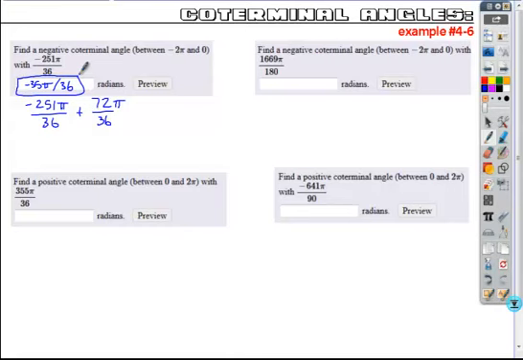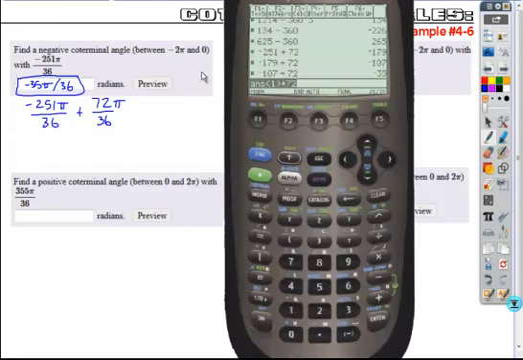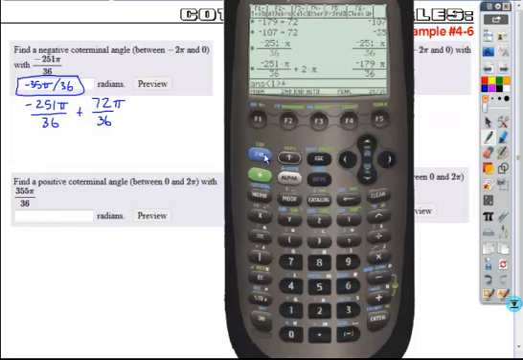Now, I could also, using my TI-99, write my whole value, negative 251 pi divided by 36. And if I hit enter just to get my fraction form, I can now start to add 2 pi. And I see it continues to move through.